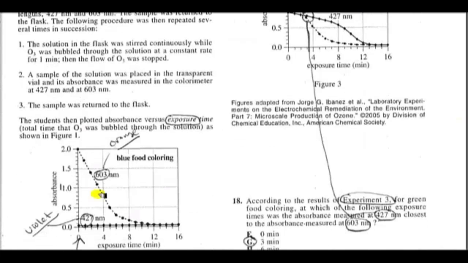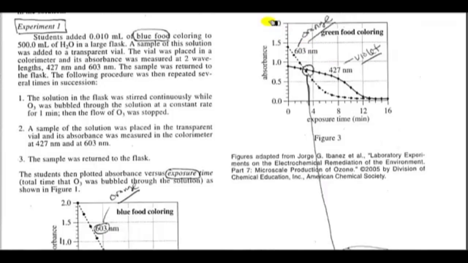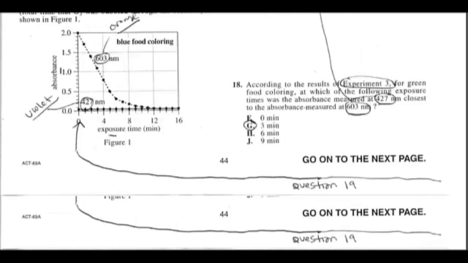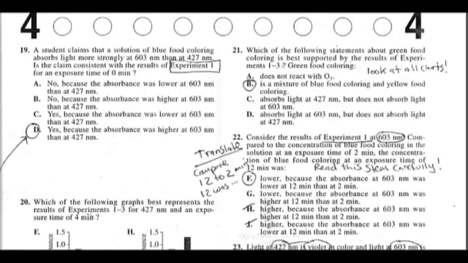Then, if we were to take this blue food coloring line here and superimpose it over here in the green, you see it's not quite as defined, but it's basically the same line. So what we can derive from that is green food coloring is some type of a mixture.